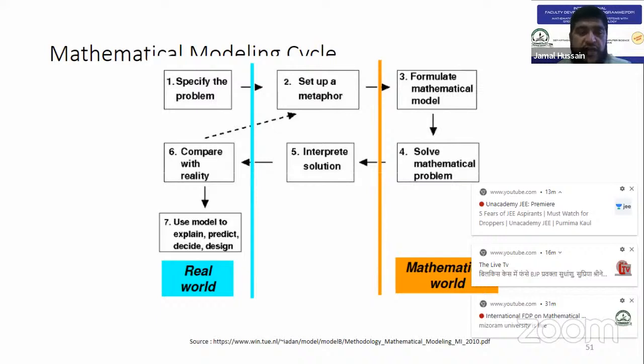When you compare with other types of studies like survey work, the basic difference is that mathematical models, when they are successfully developed, will be able to predict the future behavior of the system. So this is the beauty and strength of mathematical modeling.